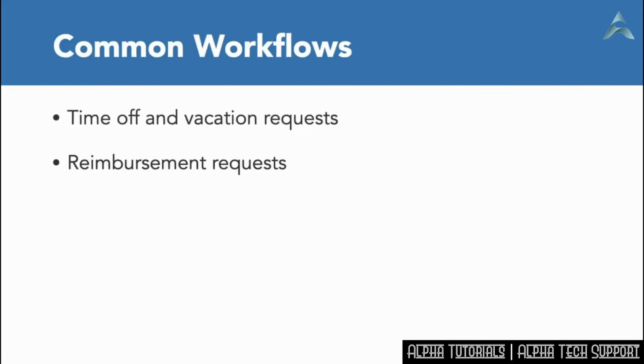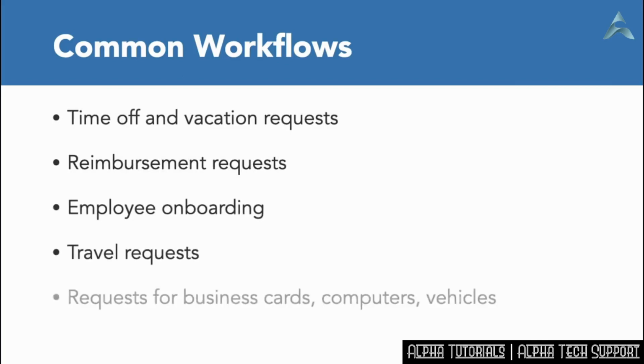Time off and vacation requests, reimbursement requests, employee onboarding, travel requests, requests for business cards, computers, vehicles. I could easily add another 20 items to this list, and I'm sure you can as well. Think about any form you've ever filled out, then went to the next person, and it's probably a workflow.